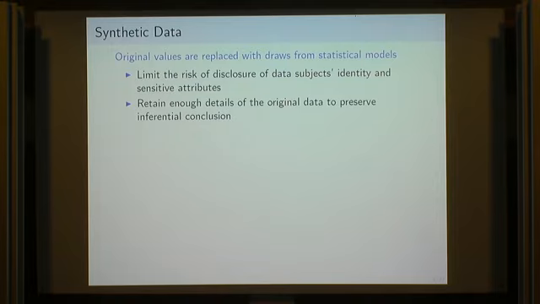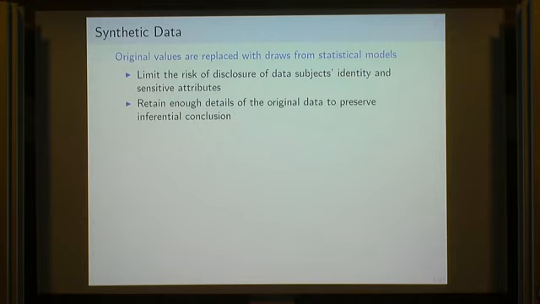And the data generated from a statistical model should hold at least two properties. The first is that the generated data should reduce the chance of re-identification of data subjects or some sensitive attributes of data subjects. The next is that we can generate data from different models, but after generating the data, does it hold the properties of the original data set?